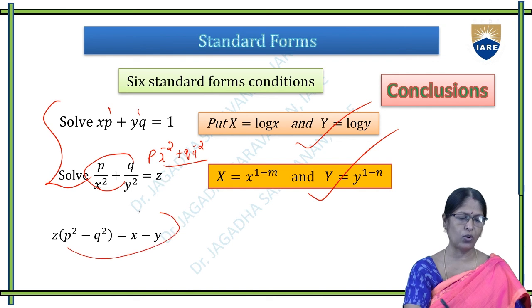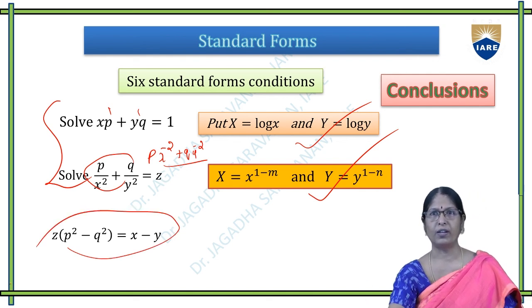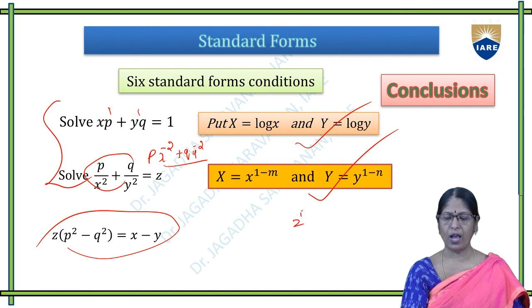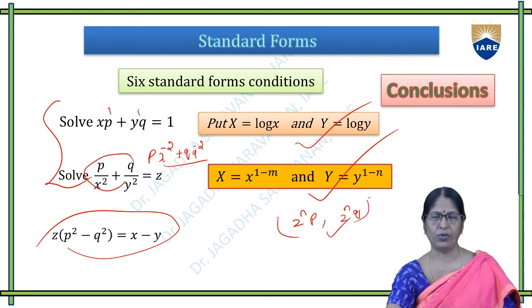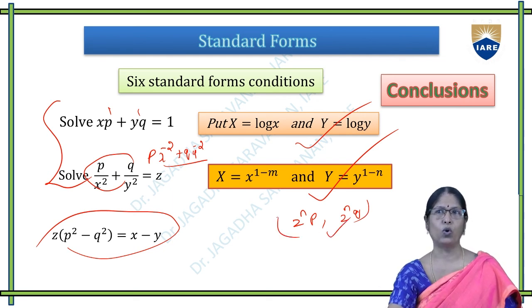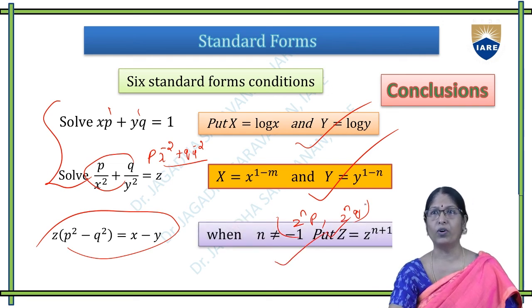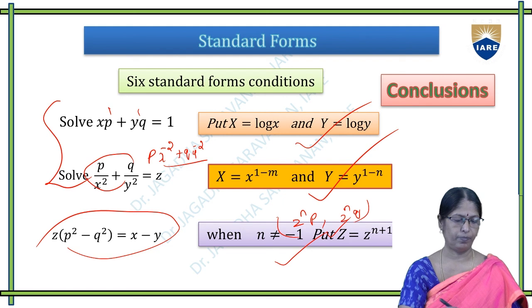This is not at all in the format of standard form 6, so we first made it into the standard form format. The format: Z should have power, P power is 1, Z power n, Q. We modified the question and solved it. The assumption we took was n not equal to minus 1, and we obtained the required result.